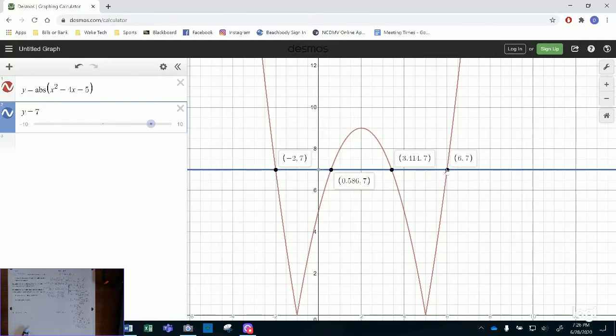And I just want to confirm, see, x is 6, x is negative 2, and then this was 0.586, and this was 3.41. So it did work out. There were actually 4 solutions there. It's really hard to make these up, so that's why the answers were kind of nasty, but still worth looking at.